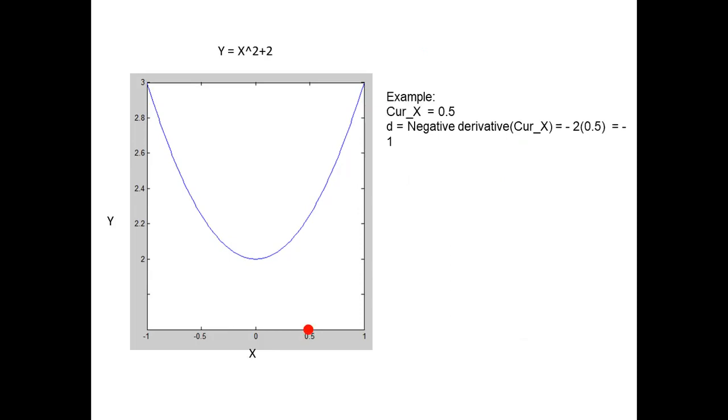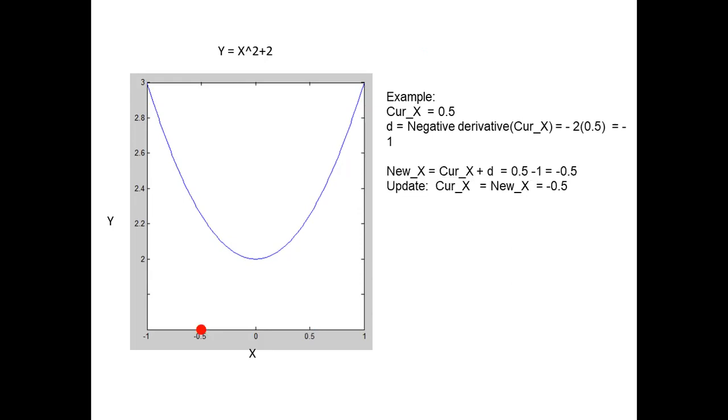In this example, the current point is 0.5. So the negative of the derivative is minus 2 times 0.5, which is -1, which means we need to move in the negative direction. And that's correct. At the point 0.5, the minimum is to the left. So the negative direction is -1.